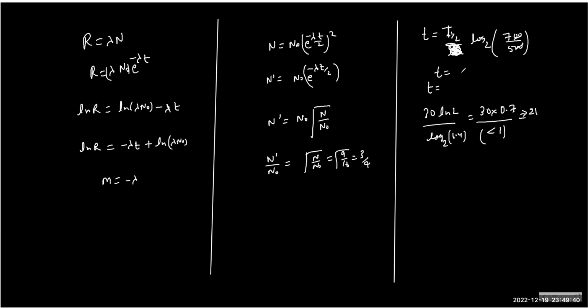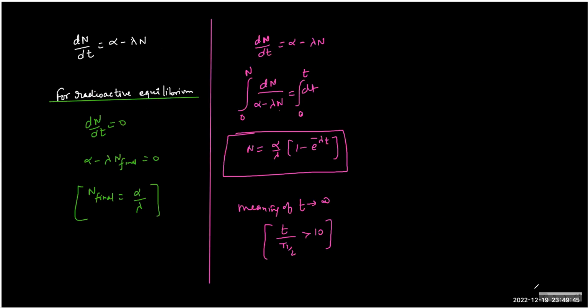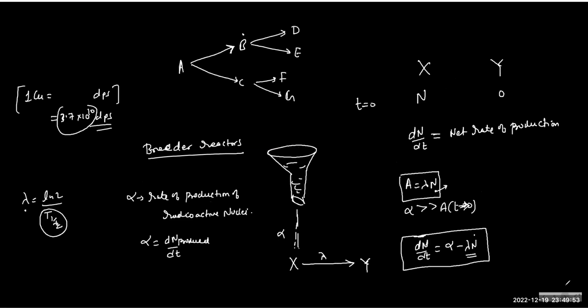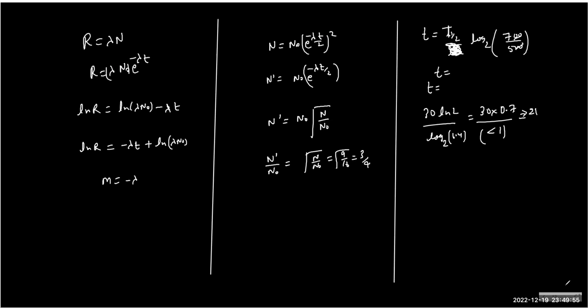We have taken log 2. T half into log 2, right? So T half into log 2. Understood? That's why I was saying this is not correct. So ln2 will not come for sure. It is less than 30, so more than 30 is the answer.